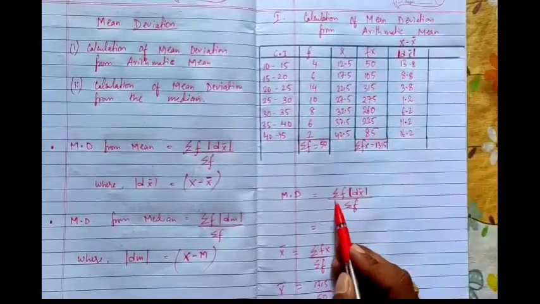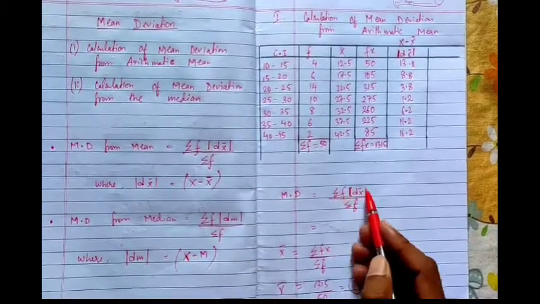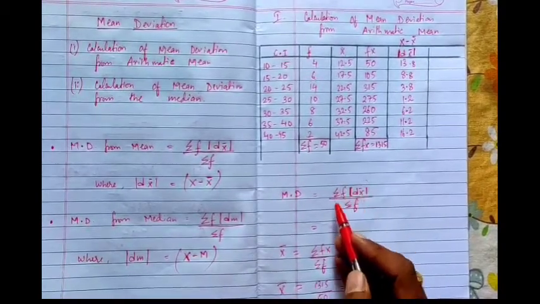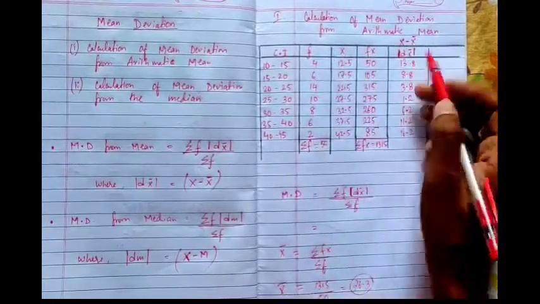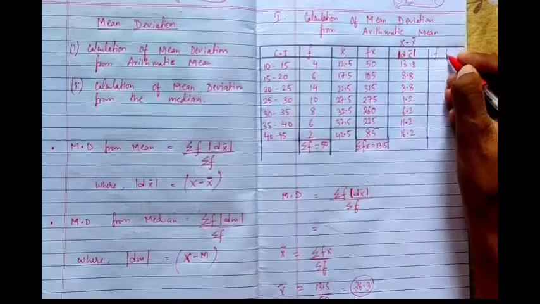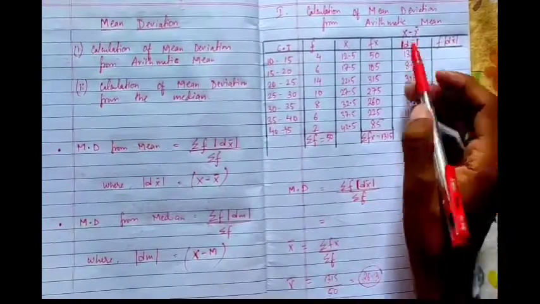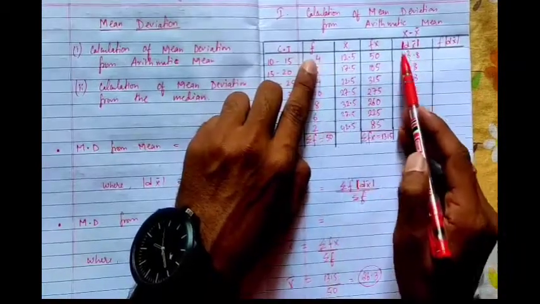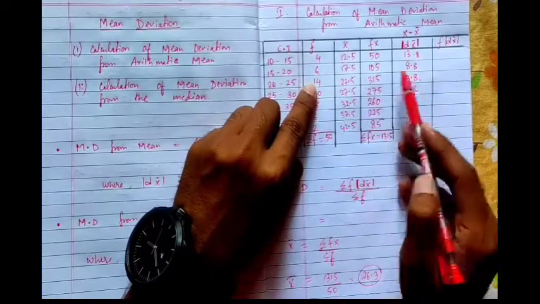Now what do we need here? Summation f dx bar. We need the total of f dx bar, which means we have to multiply f with dx bar, so we need one column of f dx bar. So we have to multiply 4 into 13.8, 6 into 8.8, 14 into 3.8.